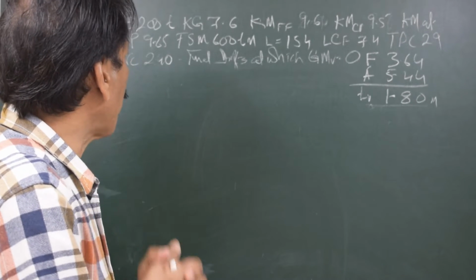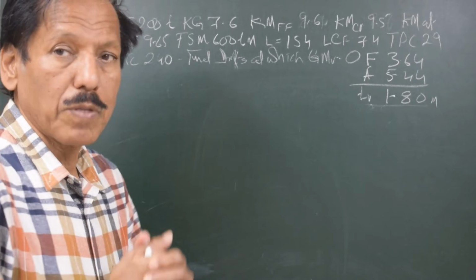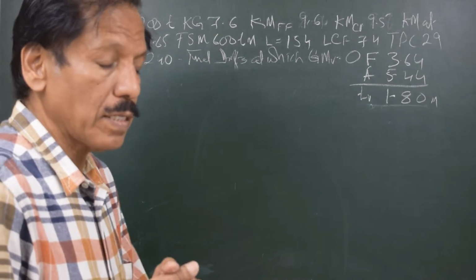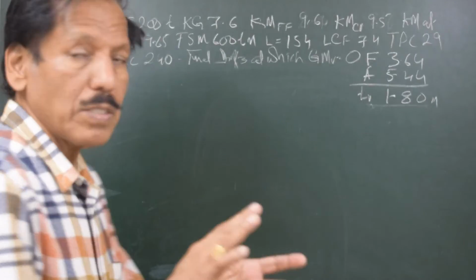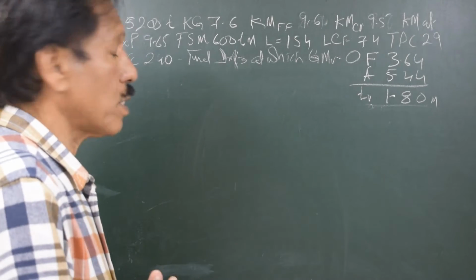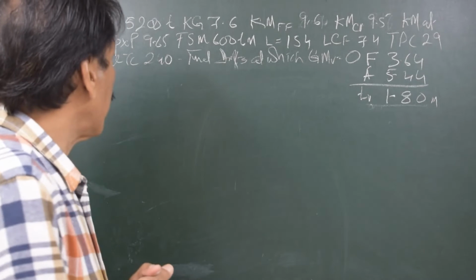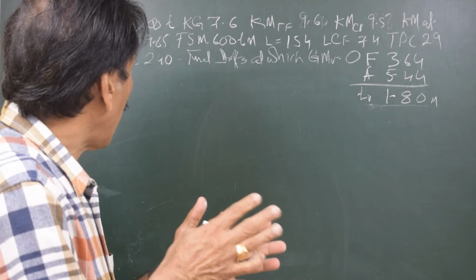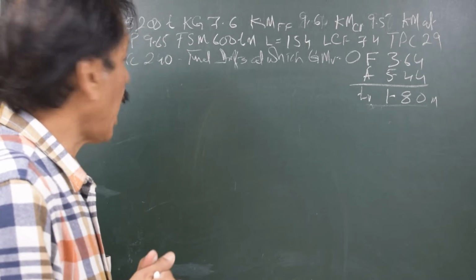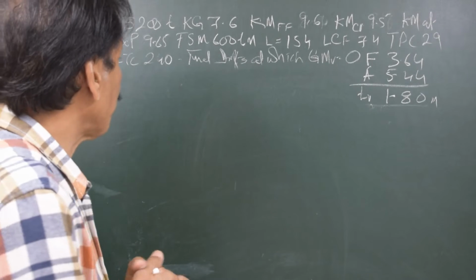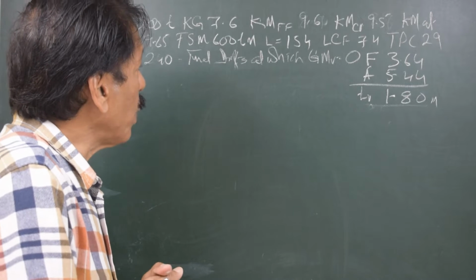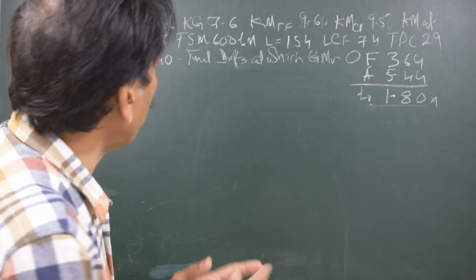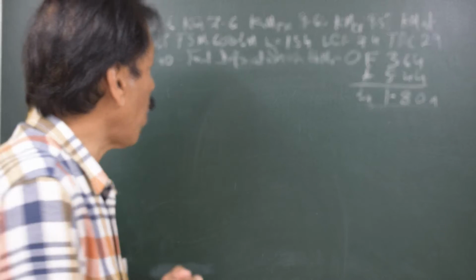KM at approximate upthrust, which is given at the final condition, that is when the GM becomes zero, and we are just saying the approximate P which gives rise to GM equal to zero, at that time KM is say 9.65 meters. Free surface moment is 600 tons meter, length 154, LCF 74, TPC 29, MCTC 240.